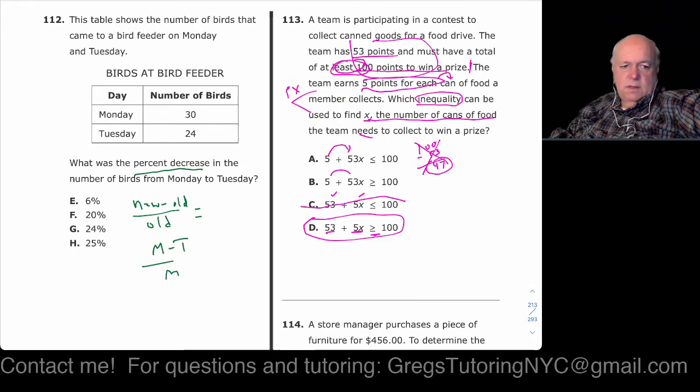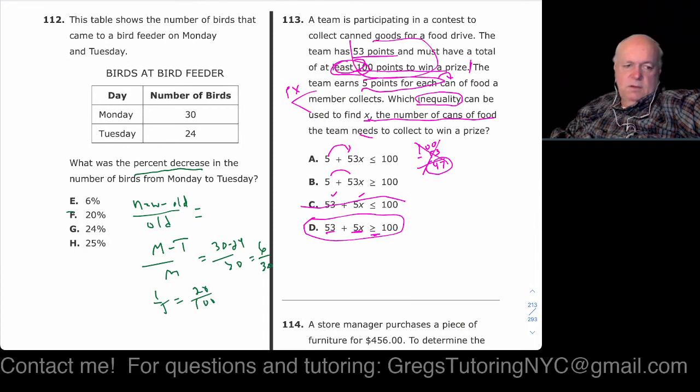So we have 30 minus 24 over the 30, and that is going to give us 6 over 30. All right. And if we want, that's equal to 1/5. And if we want to go back into hundreds, times 20 over times 20, and we get 20%.